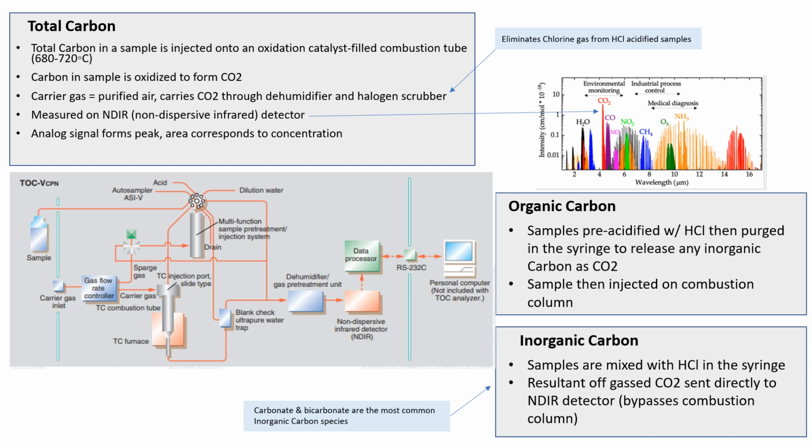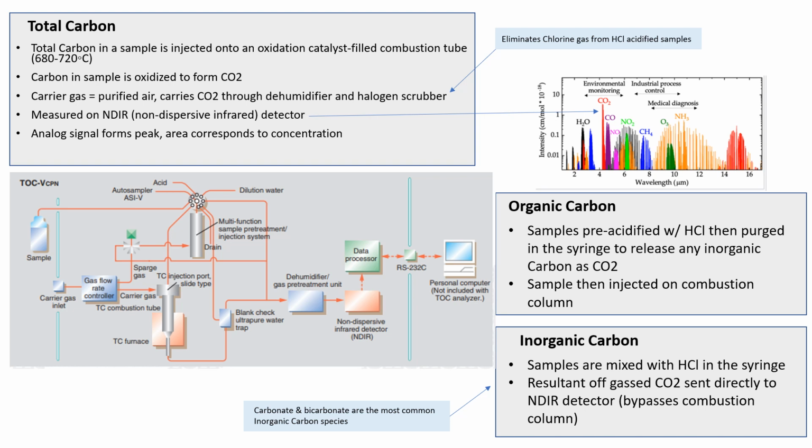Then when your sample is sparged in the syringe in the instrument, you're getting rid of that CO2 that was previously inorganic carbon, and all you're left with is the organic carbon in the sample, which is then injected onto the combustion column. Same way as total carbon after that, still read on the NDIR and everything.